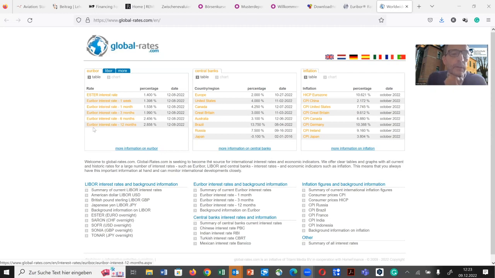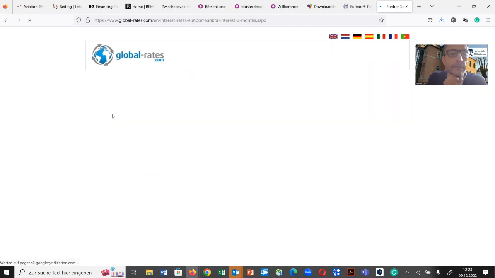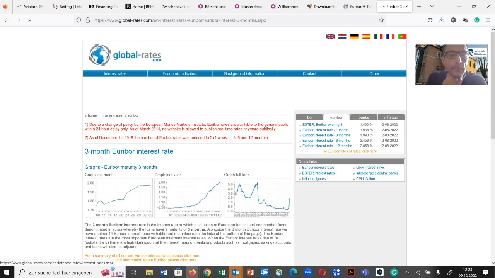That's to be explained. Here we had the example of 3 months, but that interest rate here is only the interest rate between banks.